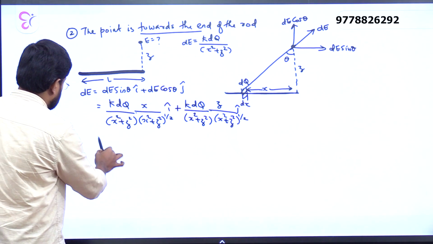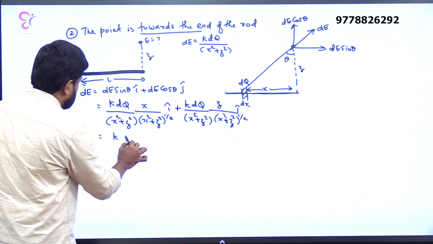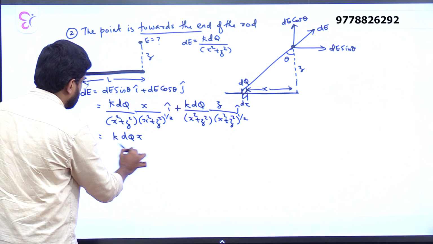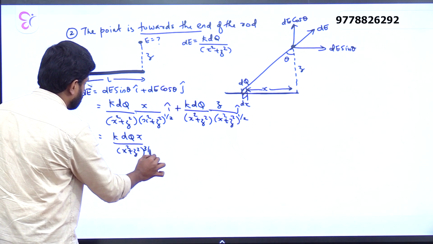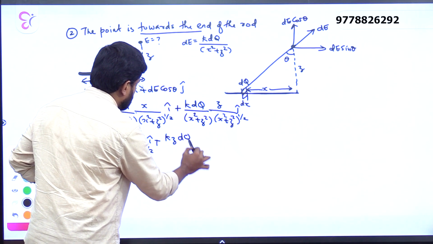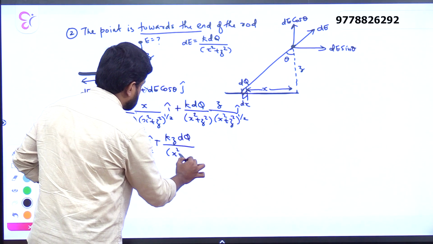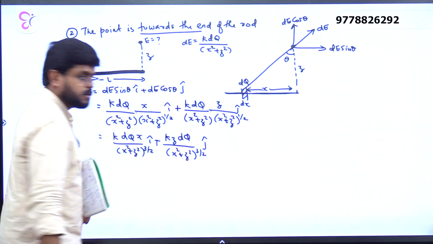Understood? So this is equal to k into dq into x divided by x square plus z square whole power 3 by 2 i cap, plus k z into dq divided by x square plus z square whole power 3 by 2 in j cap direction.